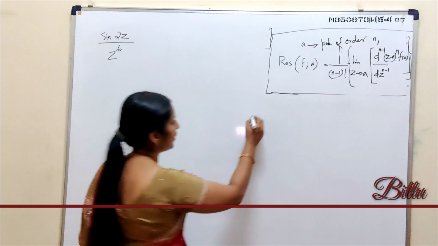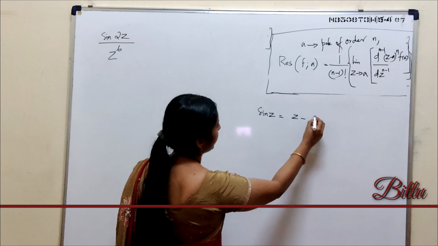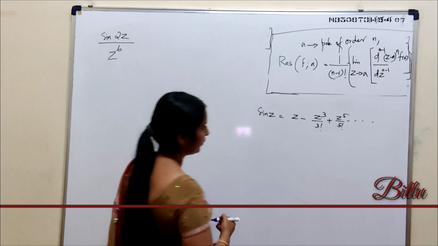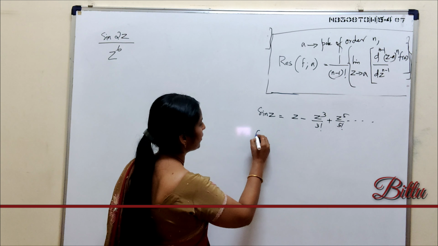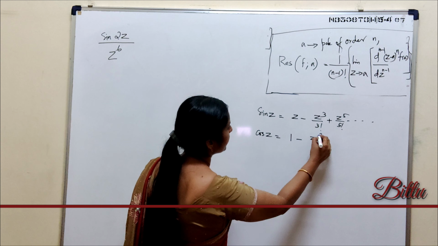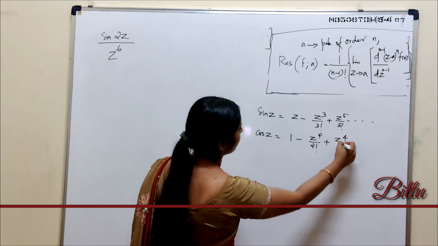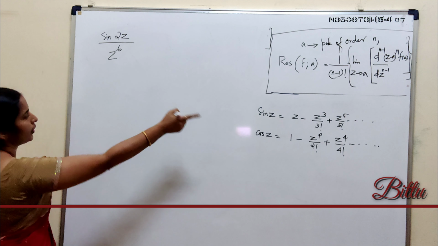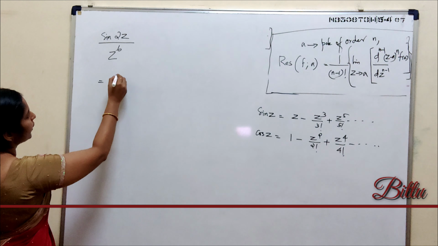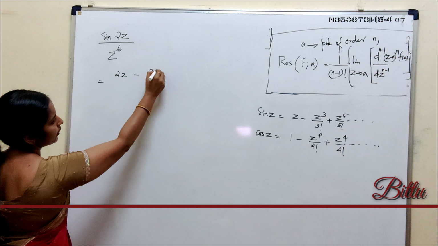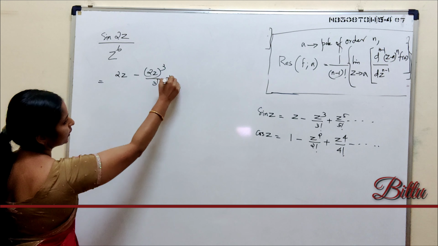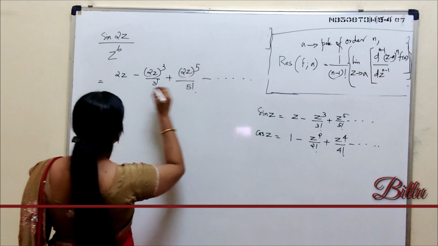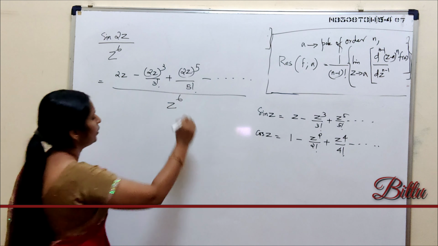We know sin z is z minus z cube by 3 factorial plus z raised to 5 by 5 factorial minus etc. Similarly, cos z is 1 minus z square by 2 factorial plus z raised to 4 by 4 factorial minus etc. With the help of this series, sin 2z is 2z minus (2z) the whole cube by 3 factorial plus (2z) the whole raised to 5 by 5 factorial minus etc., the whole divided by z raised to 6.